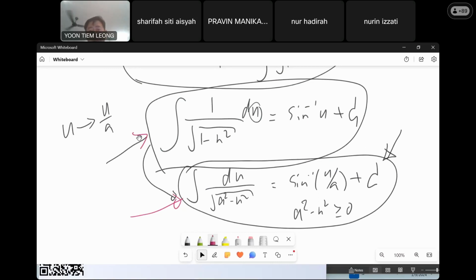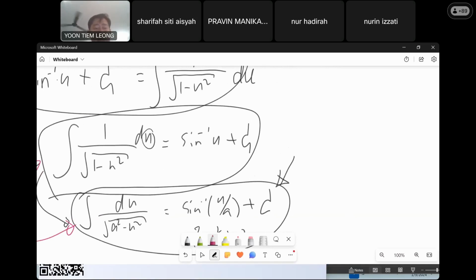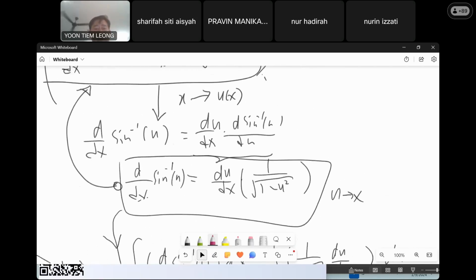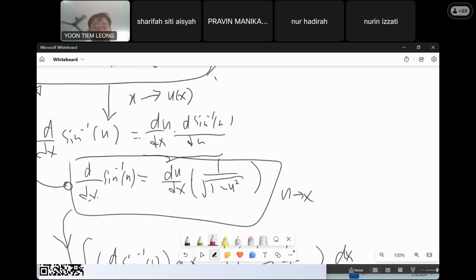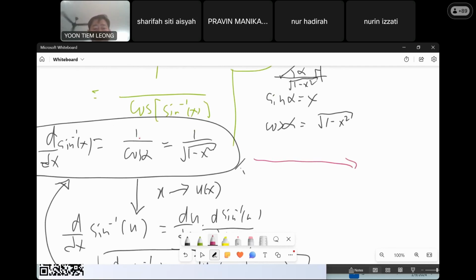Let's try this. Okay, so I'm going to show you how this formula can be obtained. I'm looking at the derivative of this. Let me look at this formula again. d/dx of arcsine of x is 1 over square root of 1 minus x squared.